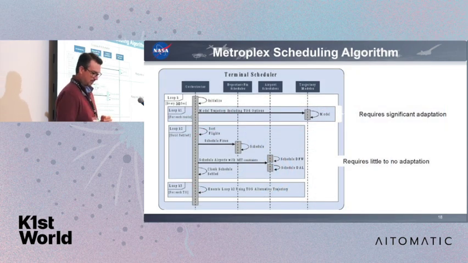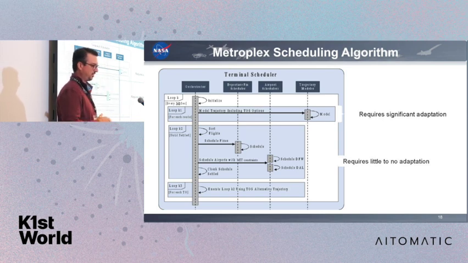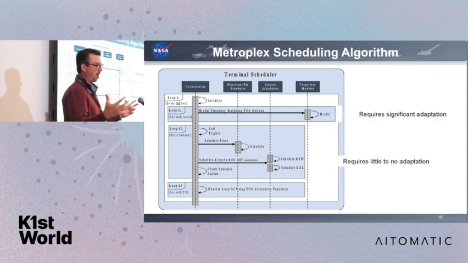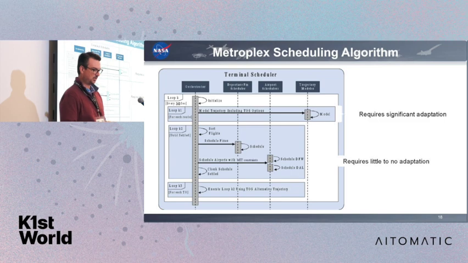Well, there's some color missing here, but suffice it to say that we apply this scheduling algorithm. The scheduling algorithm is really a three-step process. The first step is what's called modeling the unimpeded trajectory. So we start with a trajectory that makes an assumption there's no other traffic in the airspace.